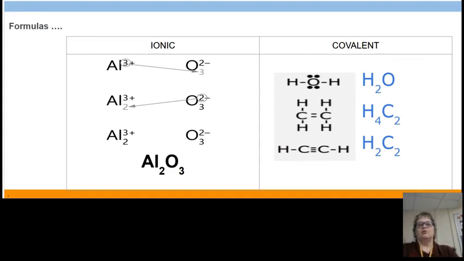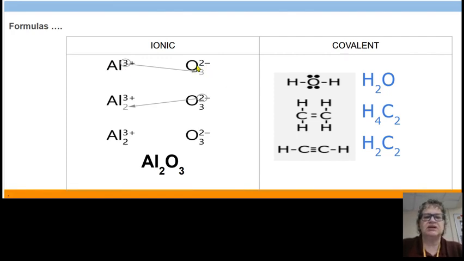Remember how we make the formulas for ionic. We first have to take our atoms and form them into ions, right? So aluminum is a 3+ ion and oxygen is a 2- ion.